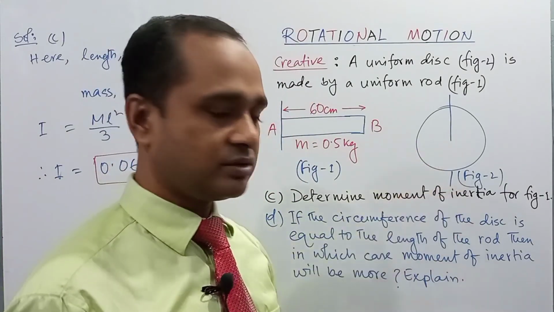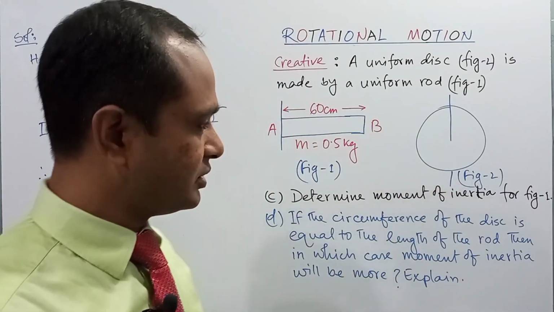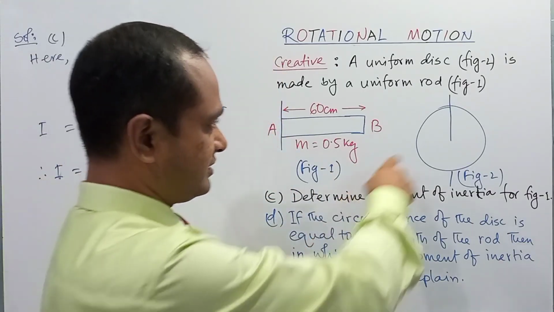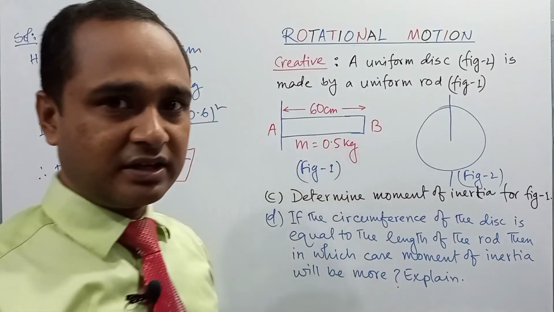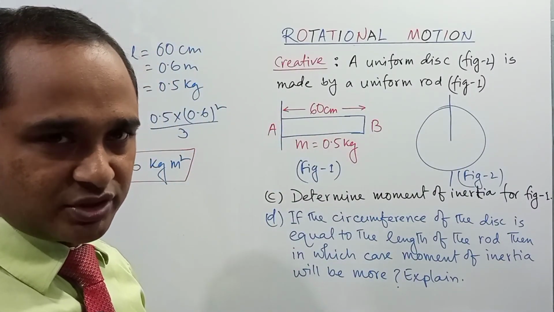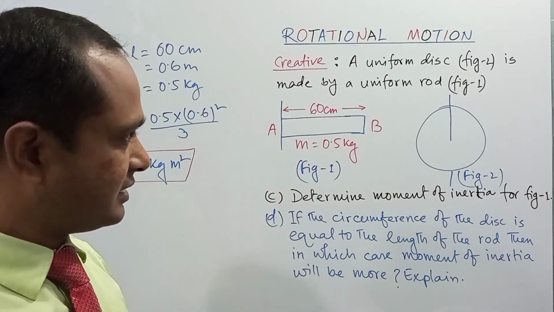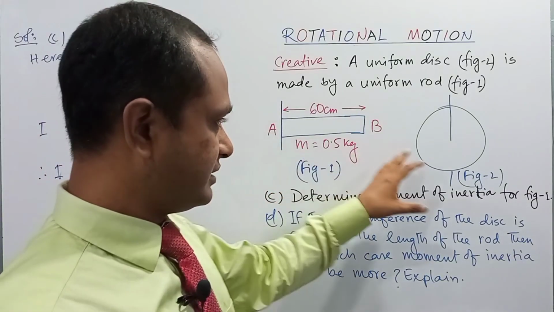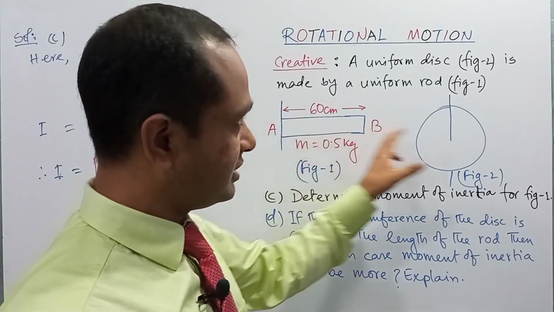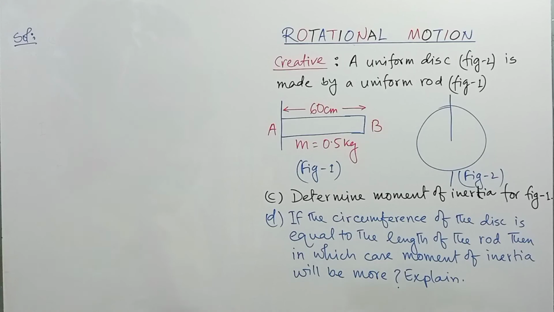Here the radius of the disc is unknown, but we will be able to calculate the radius using the information that the circumference of the disc will be equal to the length of the rod. So from the information we can determine the radius, but the mass of the disc will be the same as the mass of the rod, because the disc is made from the rod. Okay.